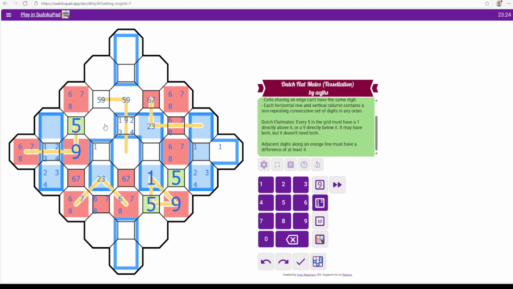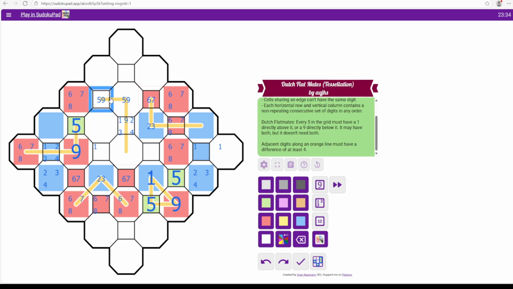So that makes that a red, specifically a 6-7. Say that was a 9, that's a 5. That's forced as a 9, which makes both of those 3s.